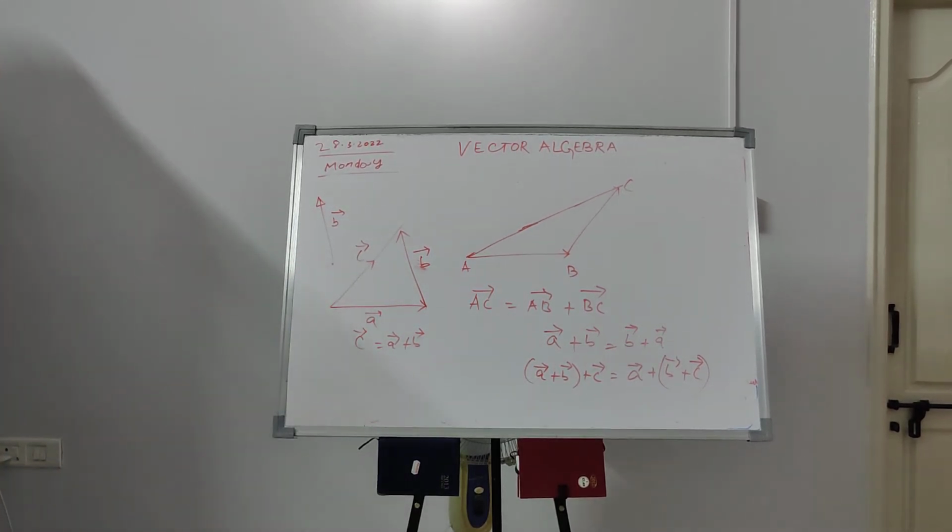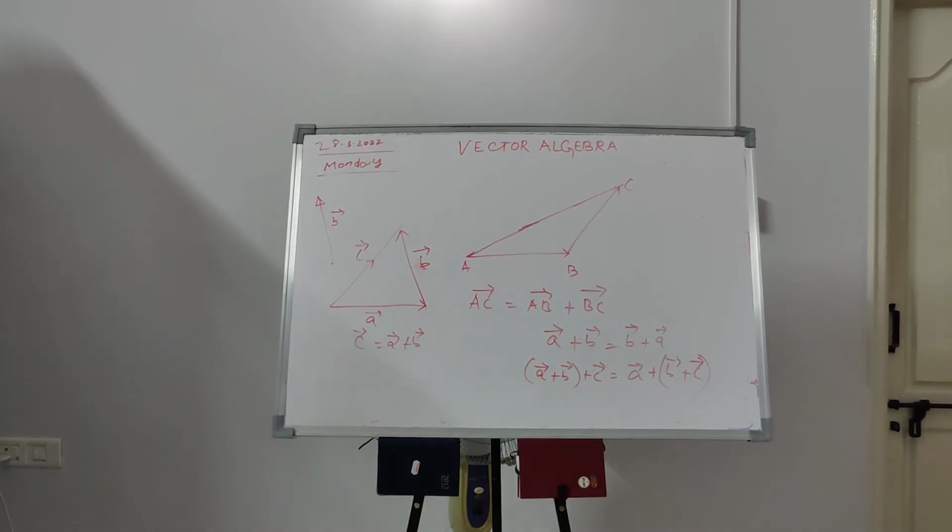We have defined what a vector is and the direction cosines. You always know that the direction cosine is x by r, where r is the square root of x square plus y square plus z square. And another is l square plus m square plus n square equal to 1.